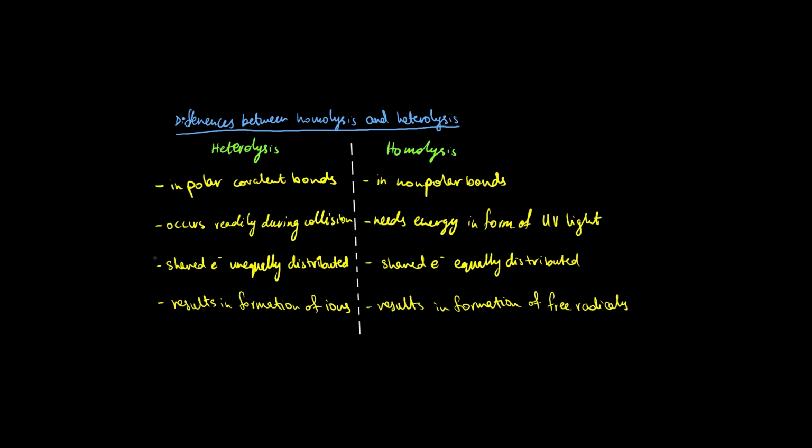In heterolysis, the shared electrons are unequally distributed, so a fully formed arrow is used. In homolysis, the shared electrons are equally distributed and form free radicals, so a partially formed fish hook is used. In heterolysis, ions form due to the difference in electronegativity, and in homolysis, free radicals form.